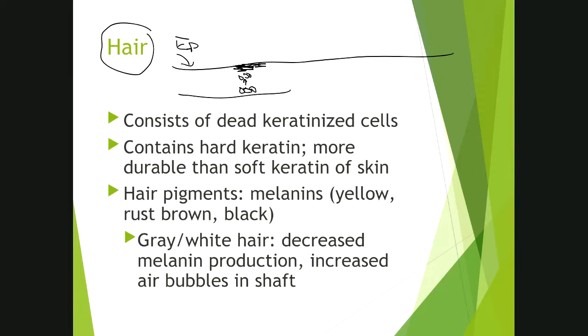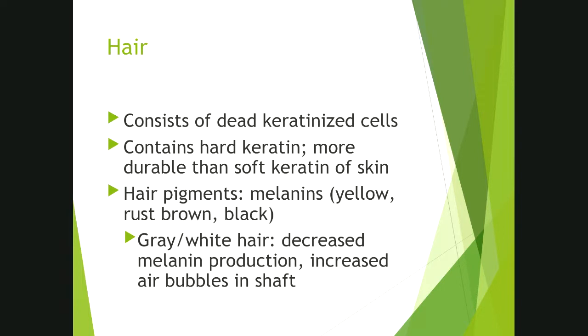Well, hairs are exactly the same thing. They're these dead cells full of keratin, just like at the stratum corneum. Now, the keratin is a little different. The keratin on our skin is called soft keratin, and the keratin on our hairs is called hard keratin.